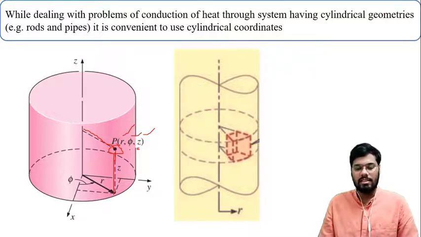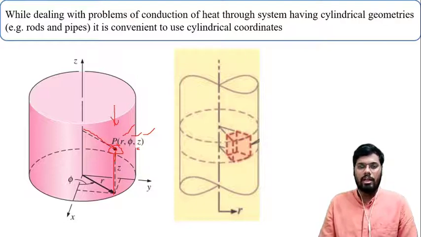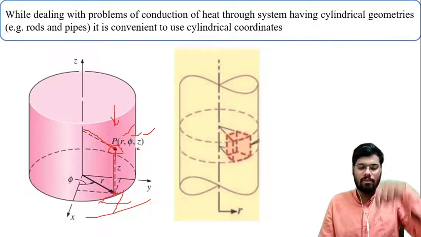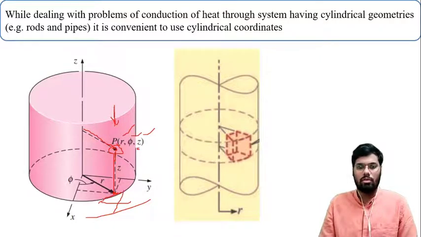Now understand what this angle phi is. If I see this point from the top view, it will make a projection of this point in our xy plane. This whole area represents our xy plane. If I make a top view projection of this point, it will be projected somewhere here.